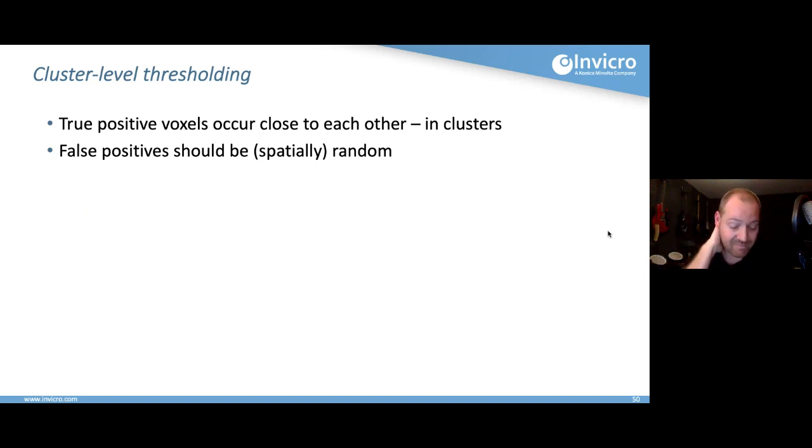False positives, voxels which are just active by chance, should be distributed fairly randomly throughout the brain. Whereas if you have a large cluster of voxels which are all together and all active, they're much more likely to be genuine just by virtue of the fact that they're clustered together.